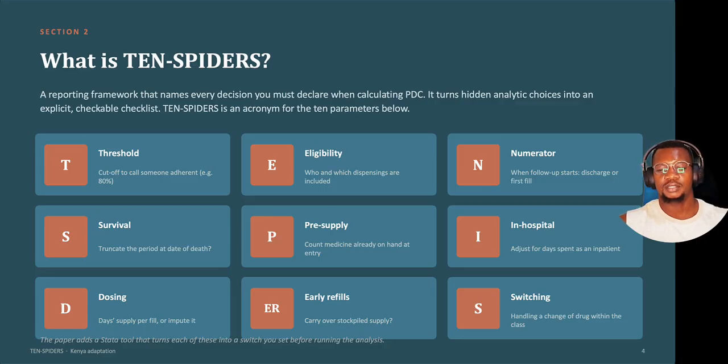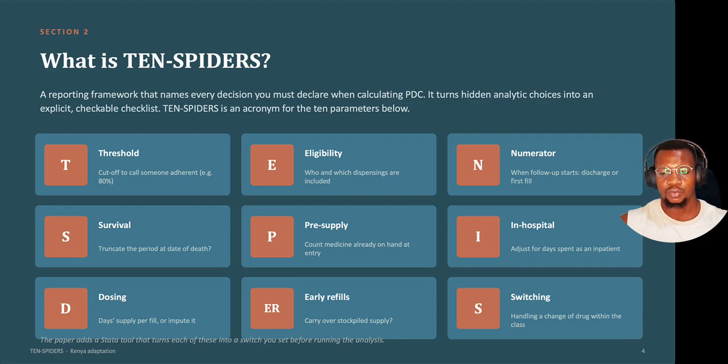Then survival: truncate the period at date of death. Then pre-supply, which just means you count the medicine that is already on hand at entry. Then in hospital, you adjust for the days spent as an inpatient.